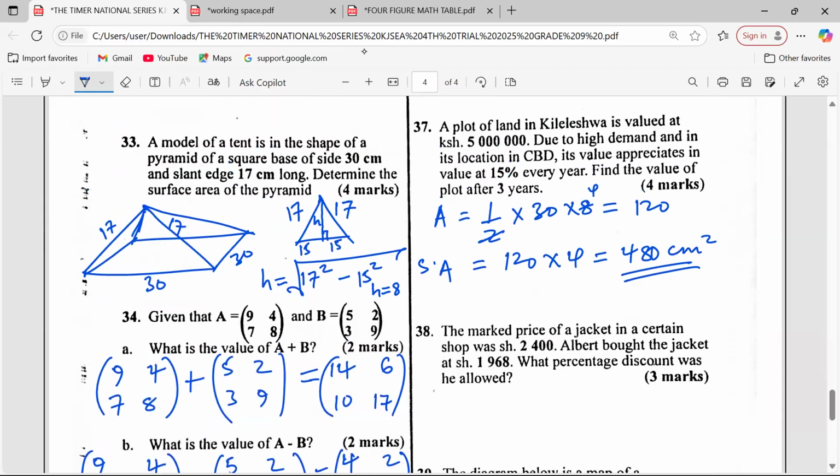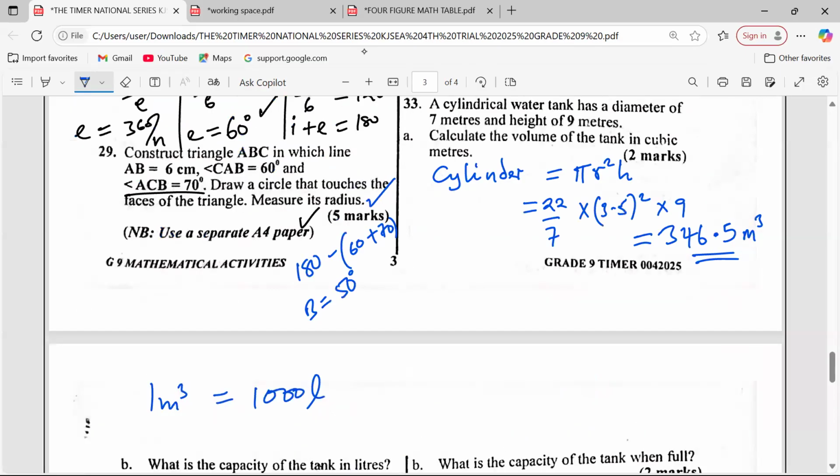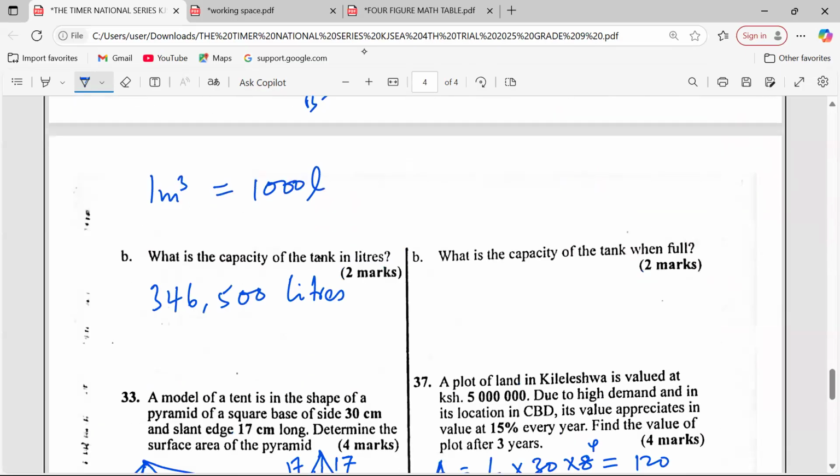Okay. The next question is part B. What is the capacity of the tank when full? Capacity is measured in very many units, but the liter is the SI unit of capacity. Even if there might be multiples and sub-multiples of the liter, we just operate with the liter, and we know that 1 liter equals 1,000 cubic centimeters.